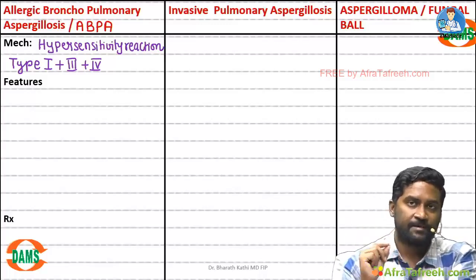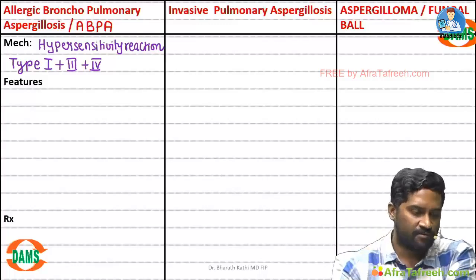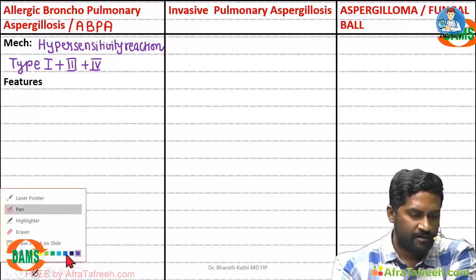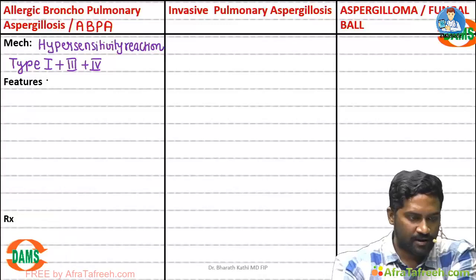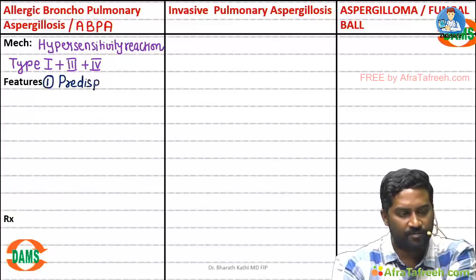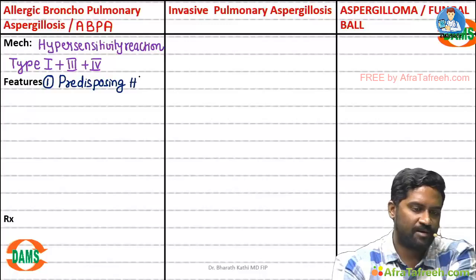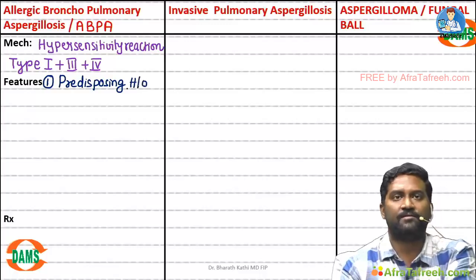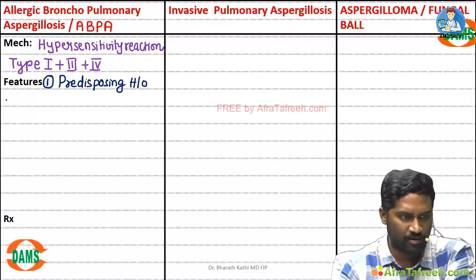Now let us see the diagnostic features of ABPA. The first important diagnostic feature is that the patient will have some predisposing history. It will not happen spontaneously. The patient will have a predisposing history of asthma.